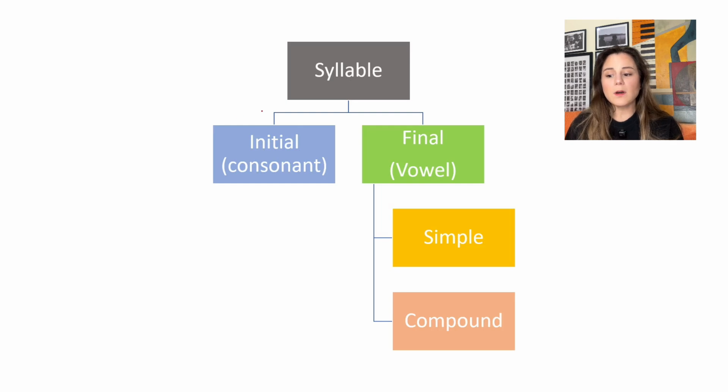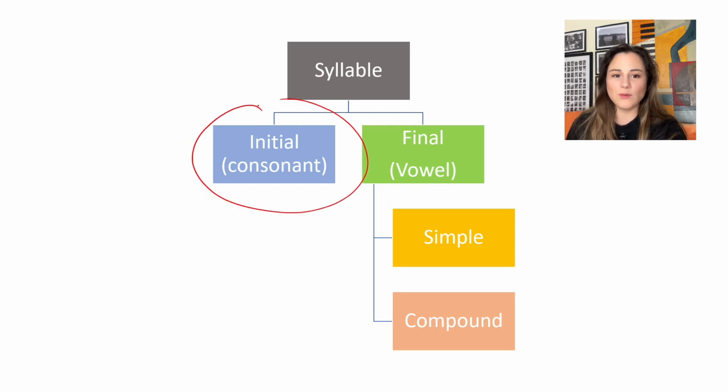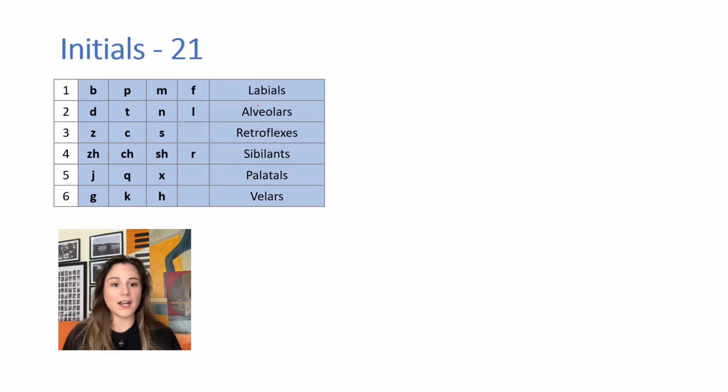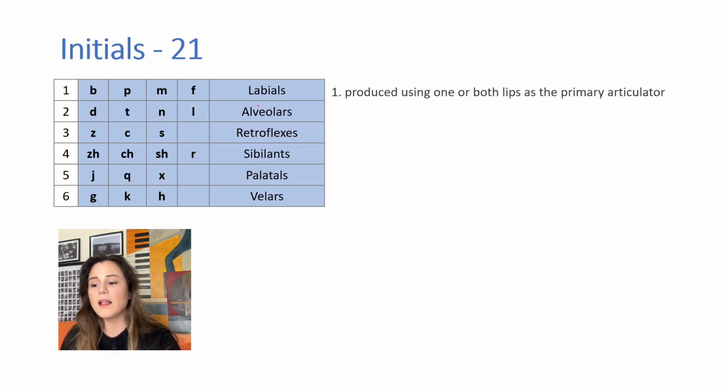First of all, I want to talk about initials, and then we will move forward to the finals, which are simple and compound. There are 21 initials, and we can group them by which part of our mouth we use when we pronounce them. For example, the first group is called labial.